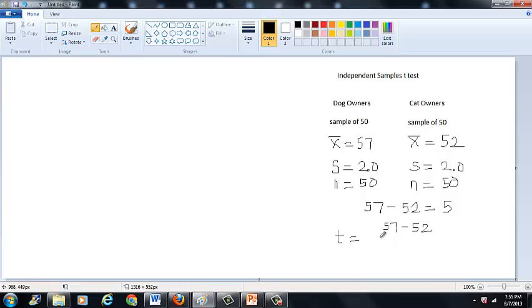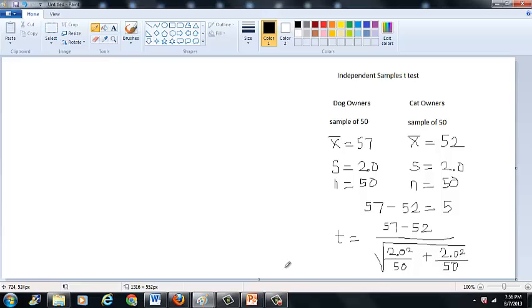On the bottom, you have the standard deviation of your first sample squared over the sample size of your first sample, which is 50, plus the standard deviation of your second sample, which is still 2, squared over the number of people in sample 2, which is 50 again.